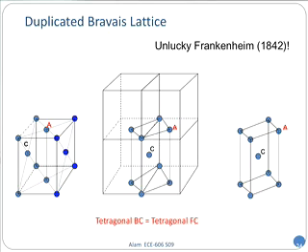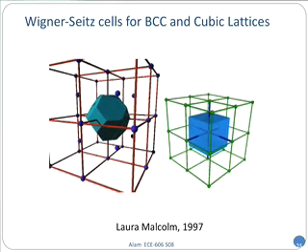And therefore, Bravais' name remains and Frankenheim is forgotten. You see, just one mistake. And 150 years later, here we are talking about Bravais. Frankenheim gets our sympathy, but doesn't get any prizes.